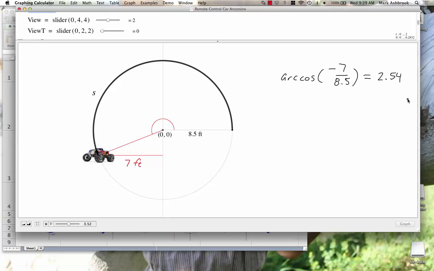Is it the measure of our angle theta? 2.54 is theta? No, 2.54 takes us to, remember the output of our arccosine is going to be between 0 and pi, right? So 2.54 is the number of radians in that range from 0 to pi.